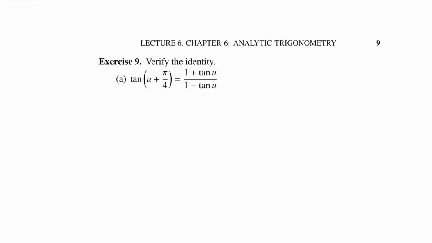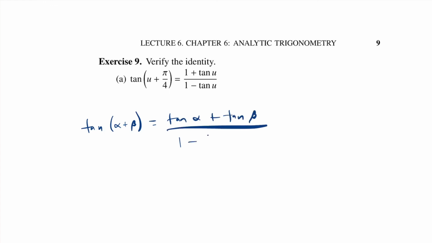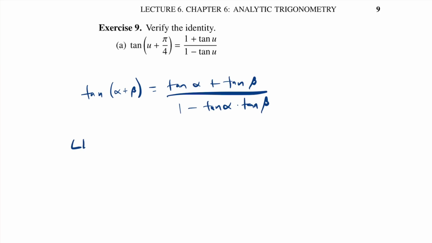We're going to start on the left-hand side. So the left-hand side, we're going to use the formula, but replace the alpha with u and replace the beta with pi over 4. So we have tangent of u plus tangent of pi over 4 all over 1 minus tangent of u times tangent of pi over 4. We know that tangent of pi over 4 is 1.